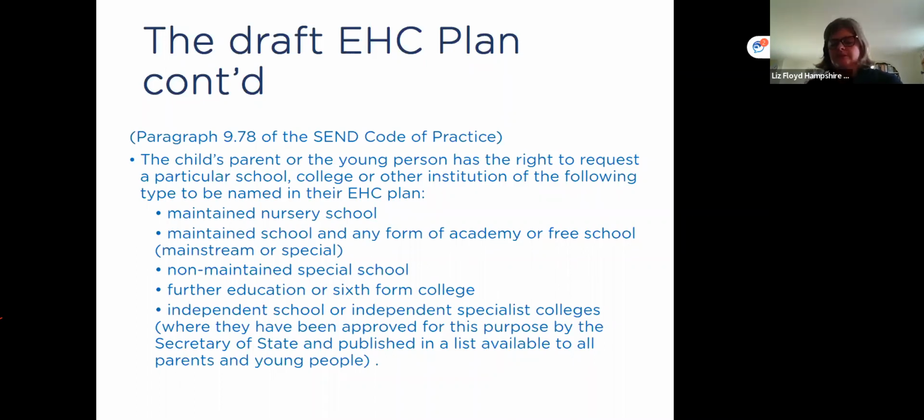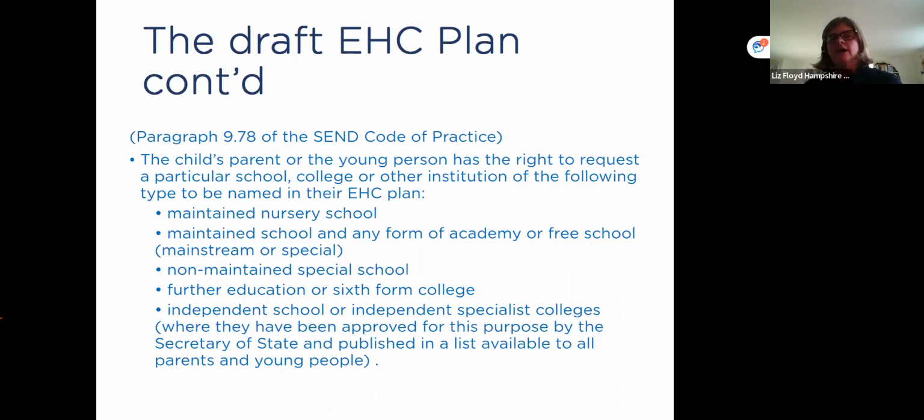Very often local authorities are keen to place in mainstream, and this is because it is a child's right in the UK to a place in a mainstream school, and so it's very important that this is offered. So it's not just because the LA wants to save money or anything like that. It is also because every child in the UK has a right to a maintained school.